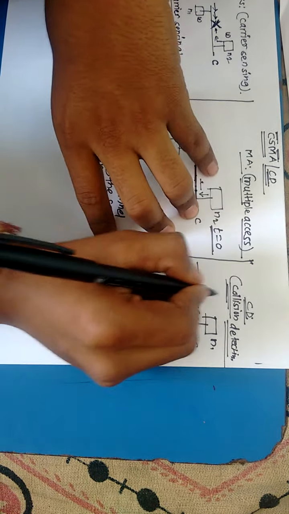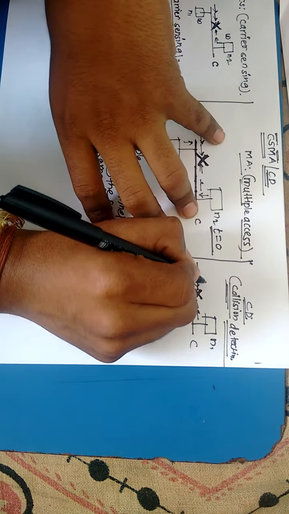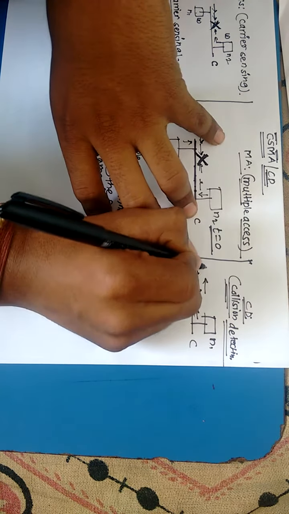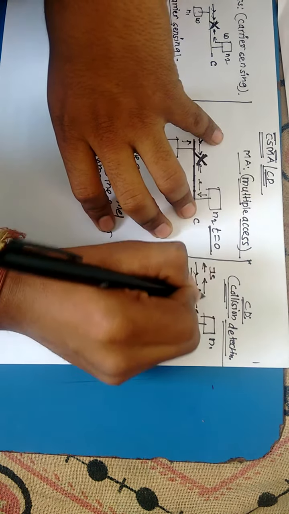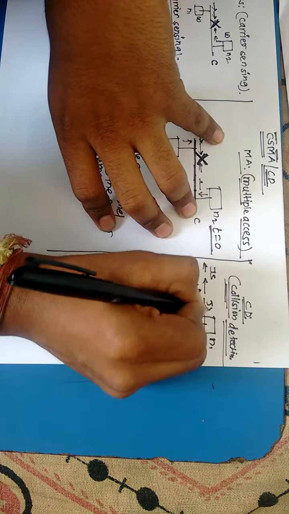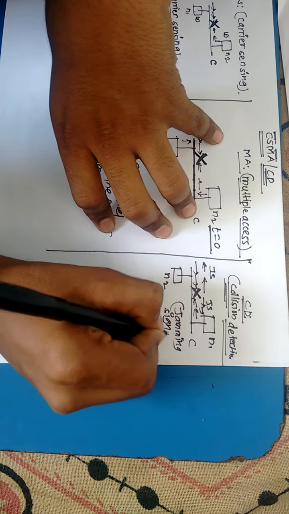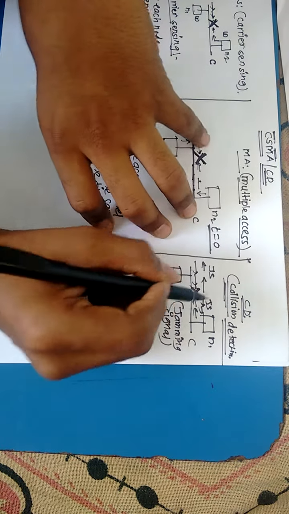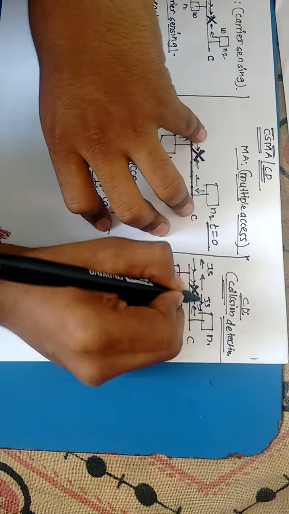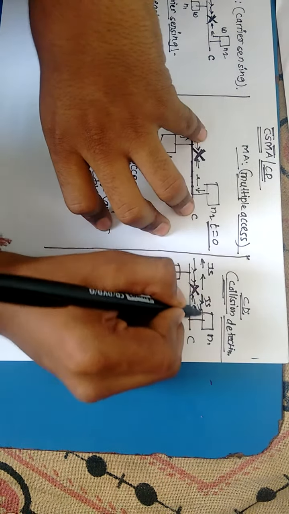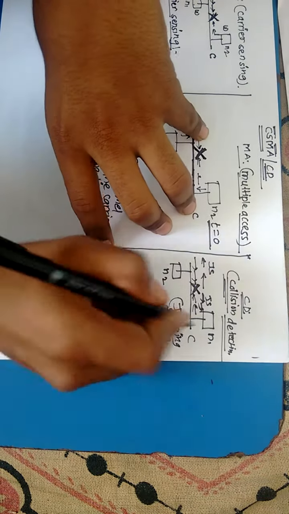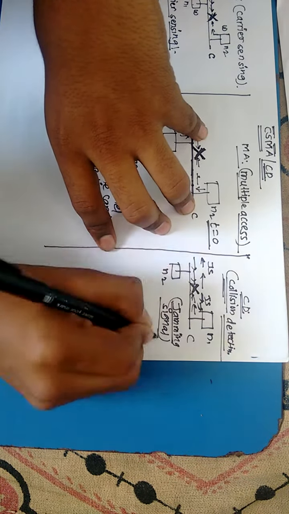So it produces a jamming signal, and this jamming signal is transferred to the particular nodes. So in collision detection, a jamming signal is produced.